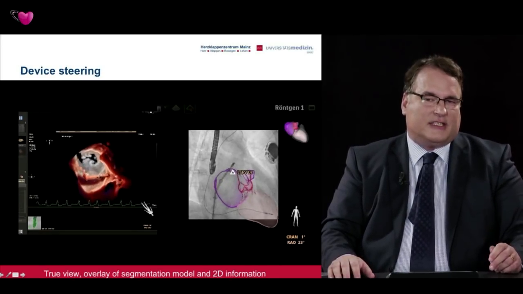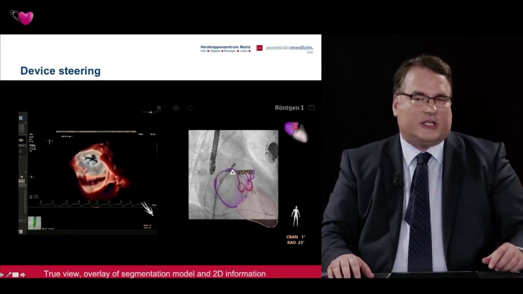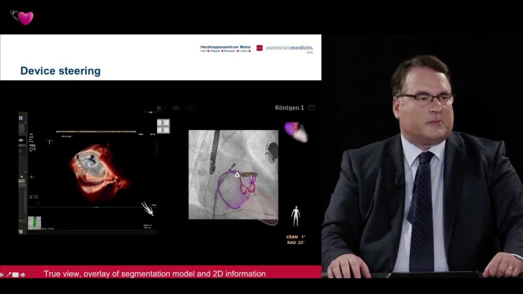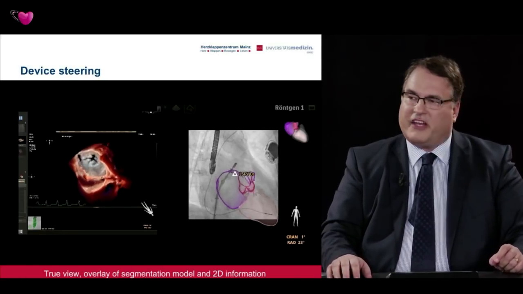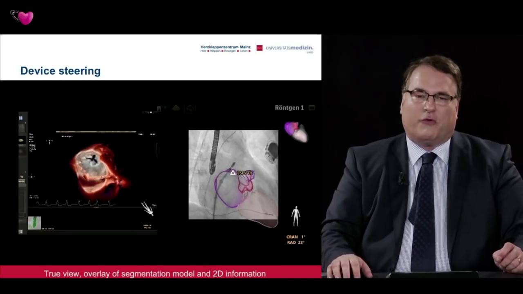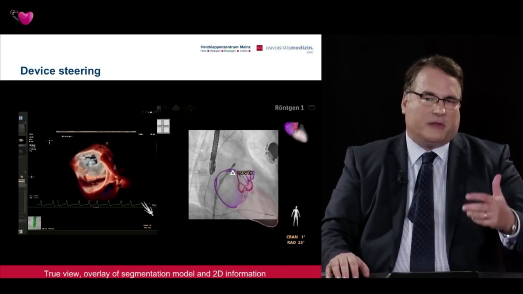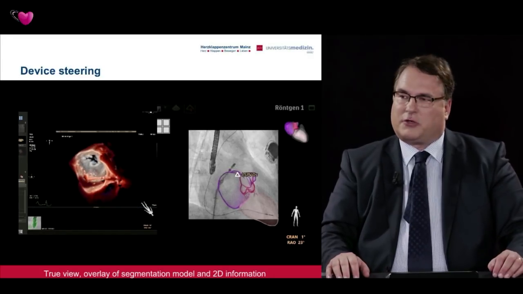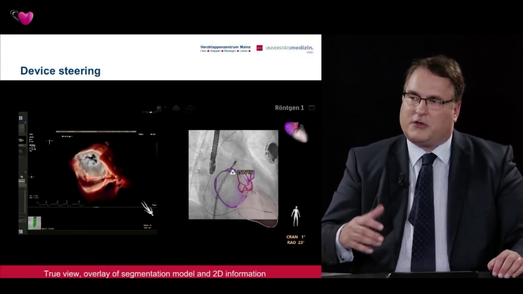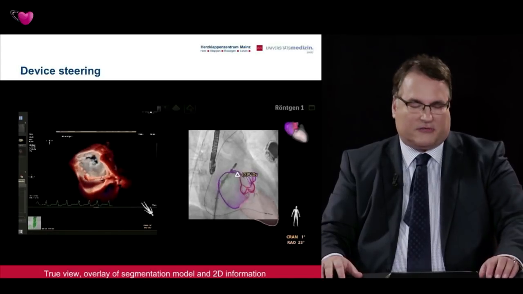So you can nicely see the tissue visualization with this rim, where the MitraClip is crossing from the left upper pulmonary vein down before the ostium of the left atrial appendage. This rim depiction appears much more natural, and we have light sources and shadows, something we see in natural surroundings.